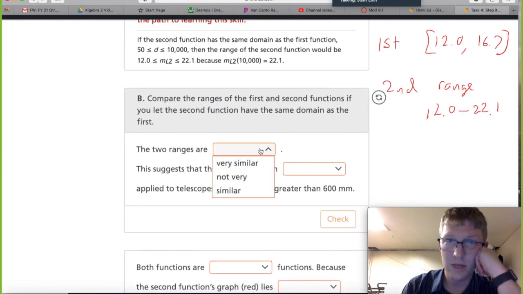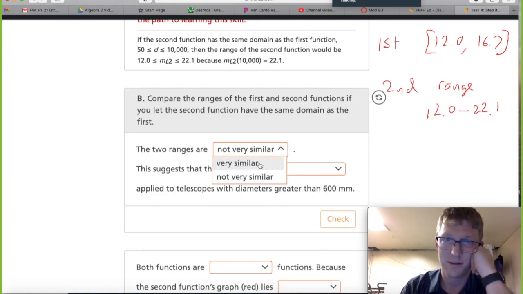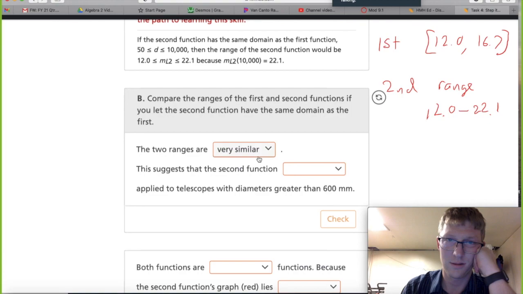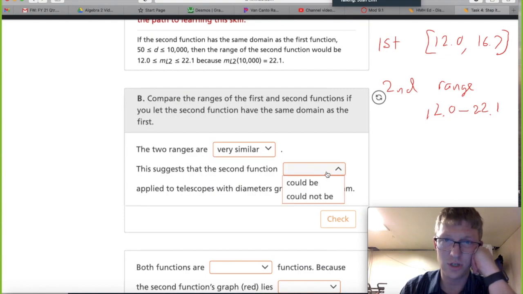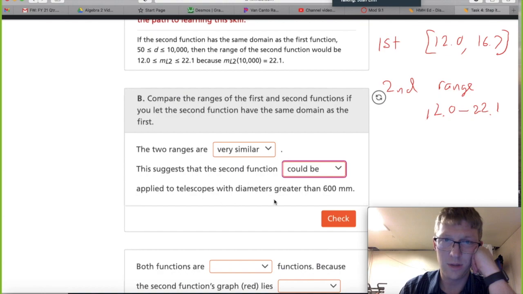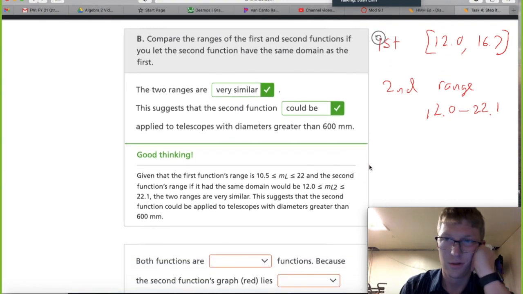So the two ranges are similar, I guess. Yeah, I would say they're similar. This suggests that the second function could be applied to telescopes with a diameter greater than 600 millimeters. So, okay.